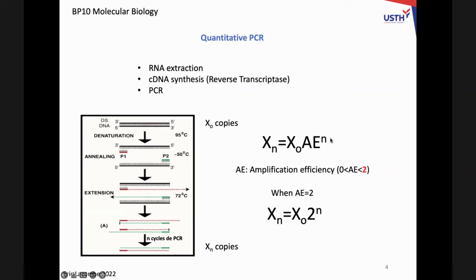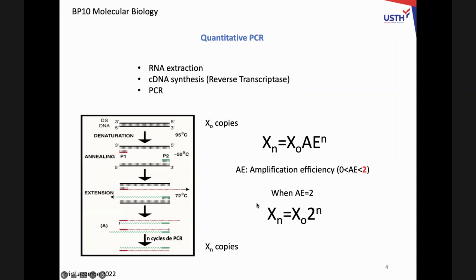power n. I will explain what it is. N is the number of cycles of the PCR. The amplification efficiency, AE, don't pay too much attention to that. At least theoretically, because we double the number of molecules from the beginning to the end of one cycle, the theoretical amplification efficiency is 2.